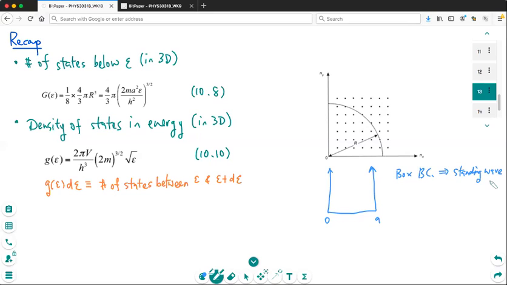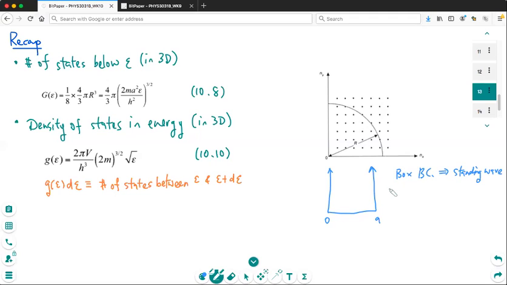But this is not a very convenient boundary condition for solid state physics. We don't like to use this kind of boundary condition. What we prefer is to eliminate the boundary. How do we do that? Box boundary condition, what do you mean by that?